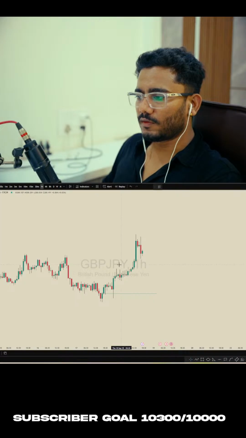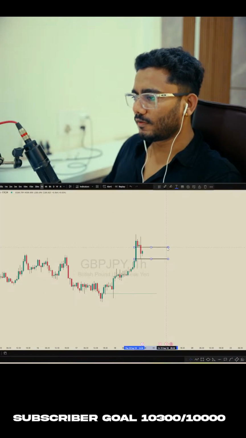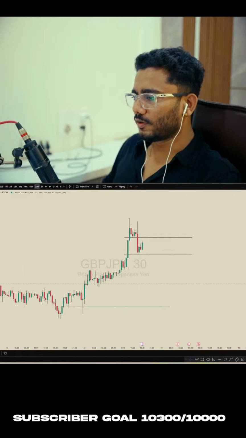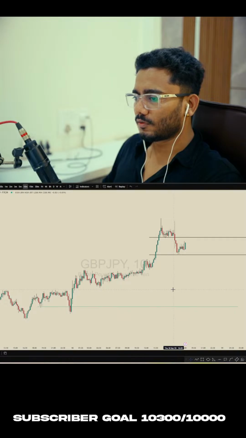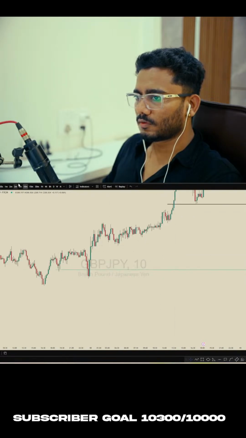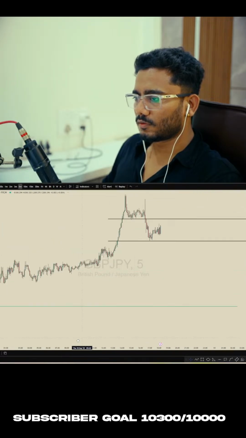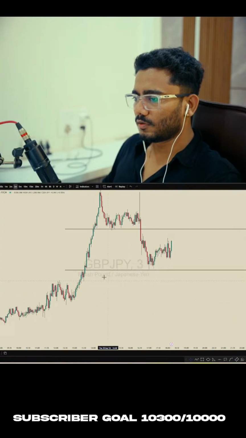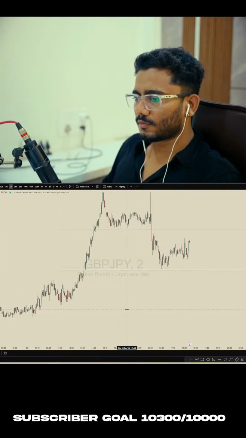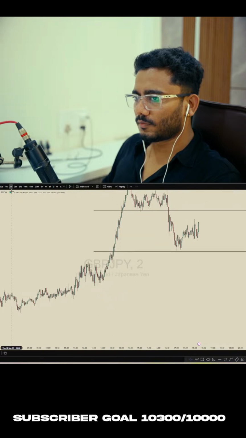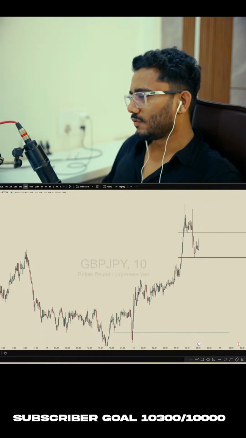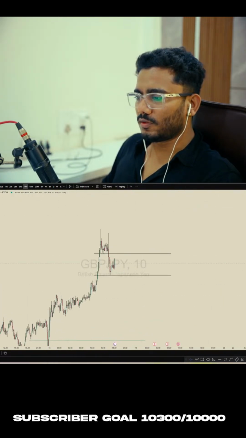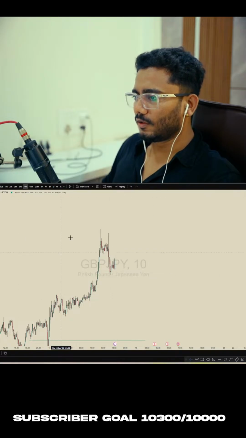So we have this imbalance in the price, but it's consolidating right now. On GJ, I don't think there's an entry, but it's continuing to upside.